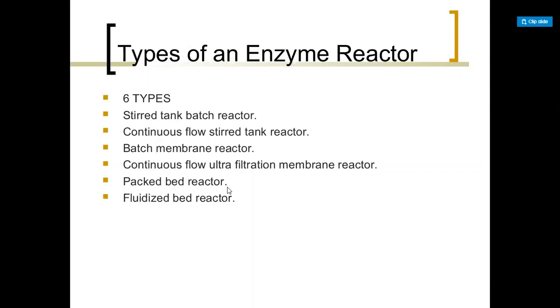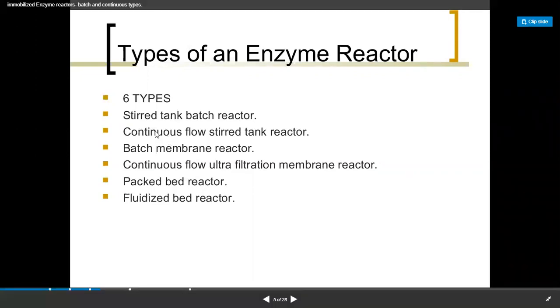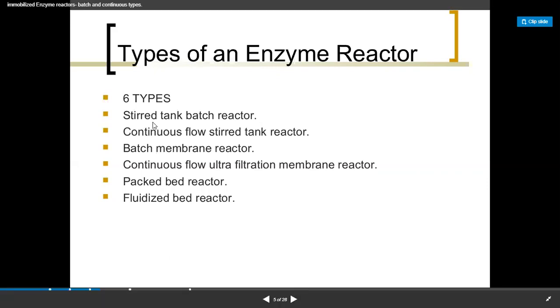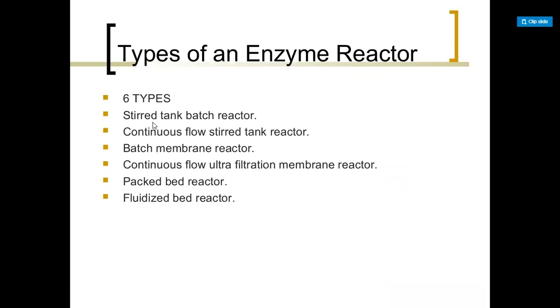The difference is that we can use any type of reactor for the free enzymes, but we cannot use any type of reactor for the immobilized enzyme because these immobilized enzymes need to be immobilized in the immobilized reactors. So they need specific reactors because immobilization is an important thing for the immobilized enzyme.